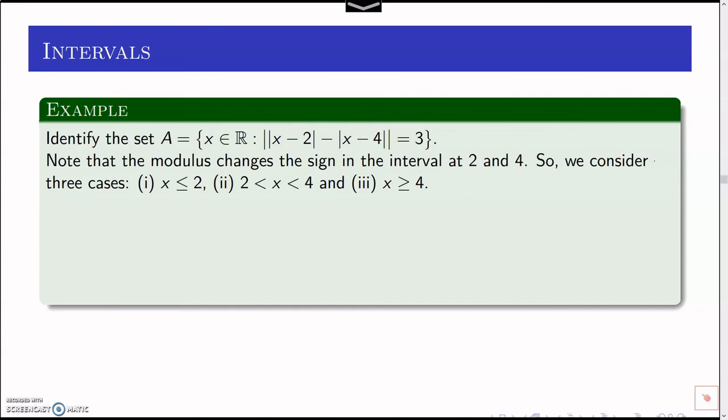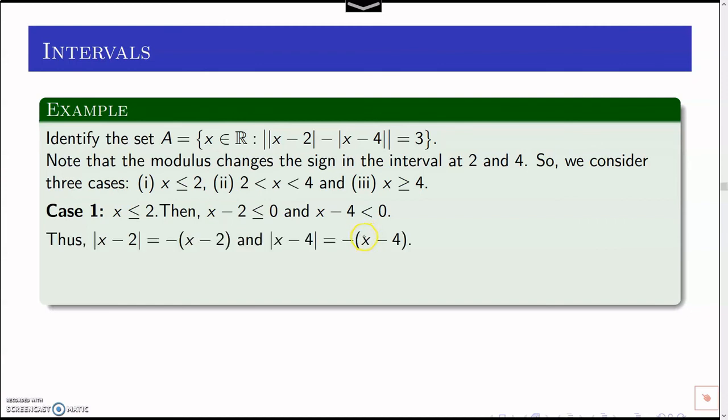x is less than or equal to 2, x lies strictly between 2 and 4, and x is bigger than or equal to 4. In case 1, x is less than or equal to 2. Because x is less than or equal to 2, x minus 2 is less than or equal to 0, and x minus 4 is strictly less than 0.